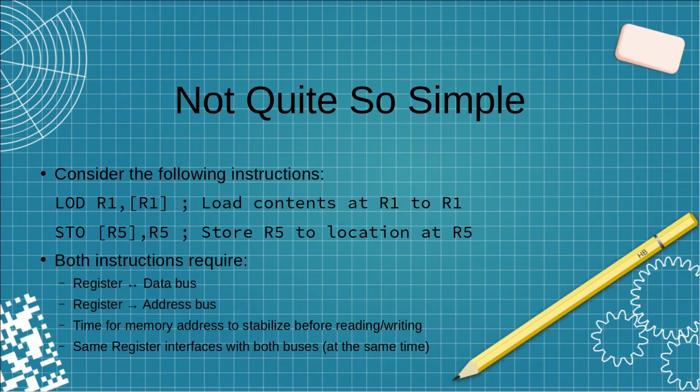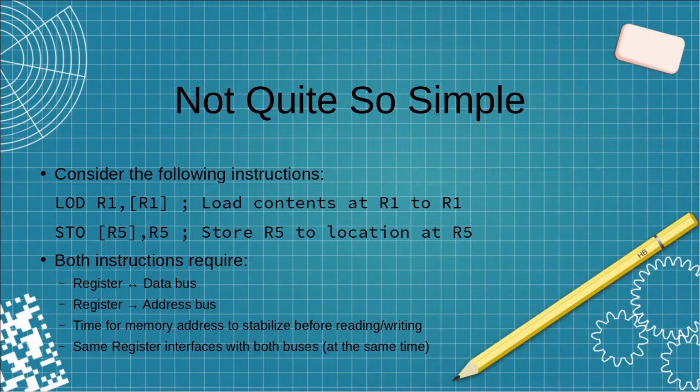Consider a couple of examples. If I wanted to take the contents of R1, R1 being an address, so I want to load the contents of memory pointed to by the address that's stored in R1 and load the value that's in that address into R1. This is something that a compiler would do quite frequently.